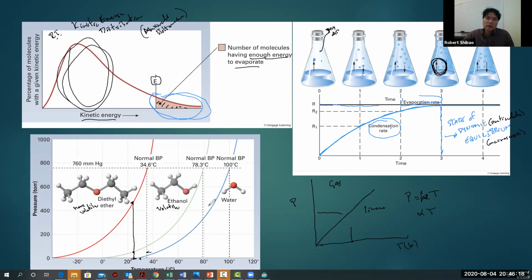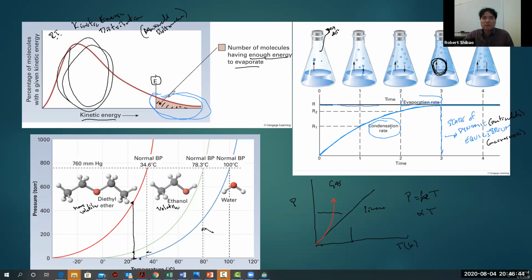The reason it's nonlinear is because we have liquid in there, and the nonlinearity is due to evaporation, because it increases exponentially. We expect gases to increase linearly with temperature, but this is increasing more dramatically. And the reason why is the number of gas particles is growing.